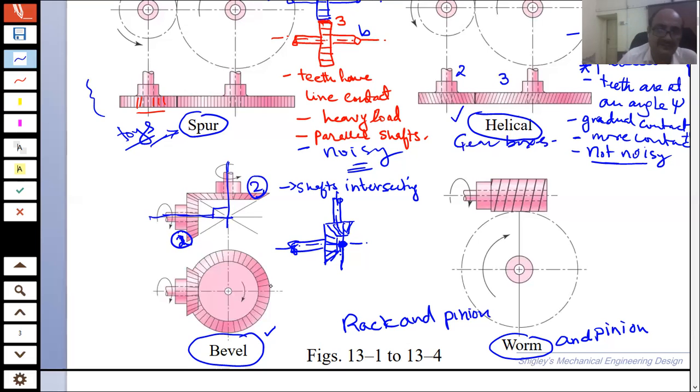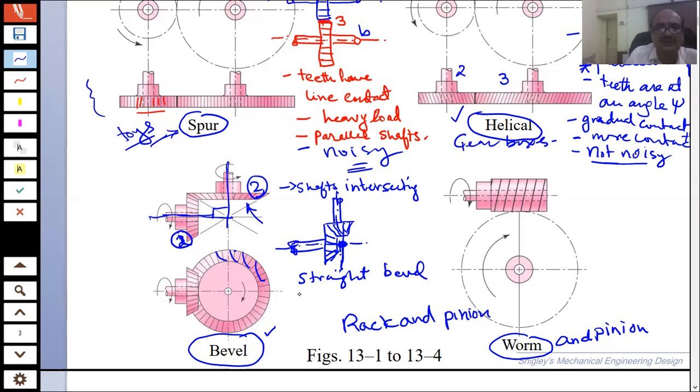Then these bevel gears can be straight bevel gears, like the spur gears, where their teeth are straight, like for example the ones shown over here, but they can also have curved teeth, like the teeth would be somewhat like this.